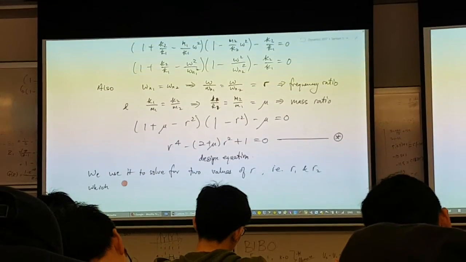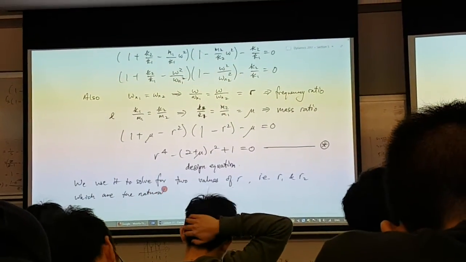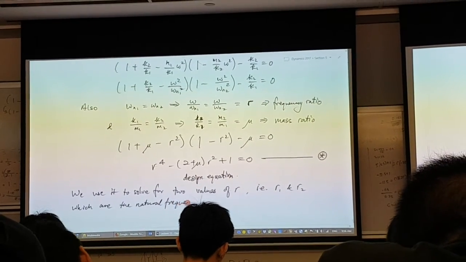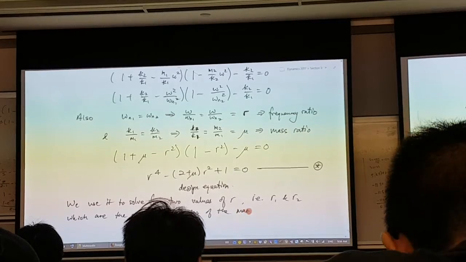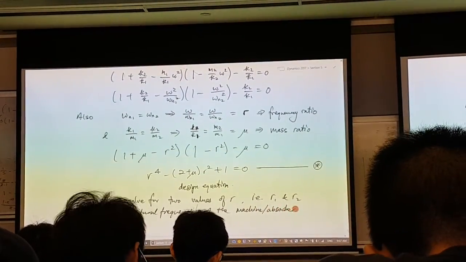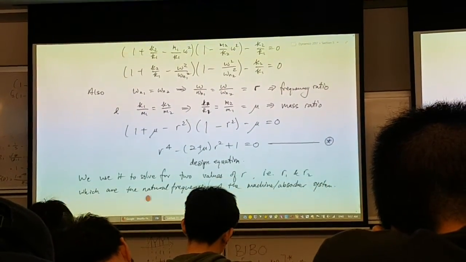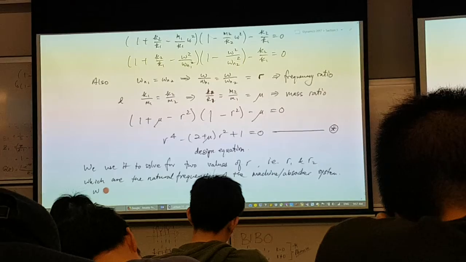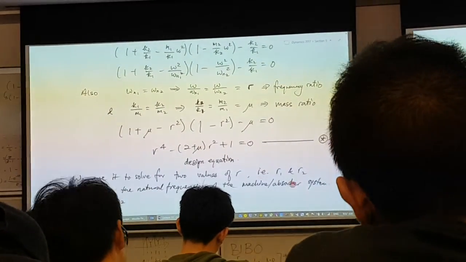And this R1 and R2, they are the natural frequencies of this machine and absorber system. So the natural frequencies, which are respectively omega n1 and omega n2.